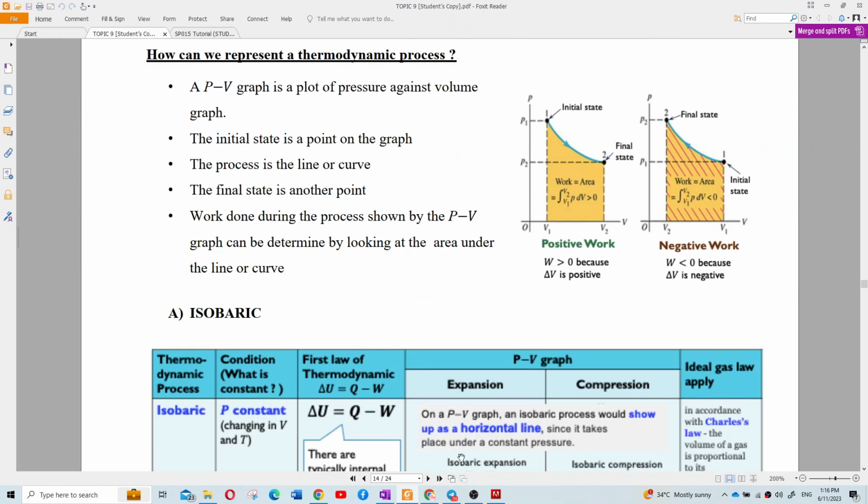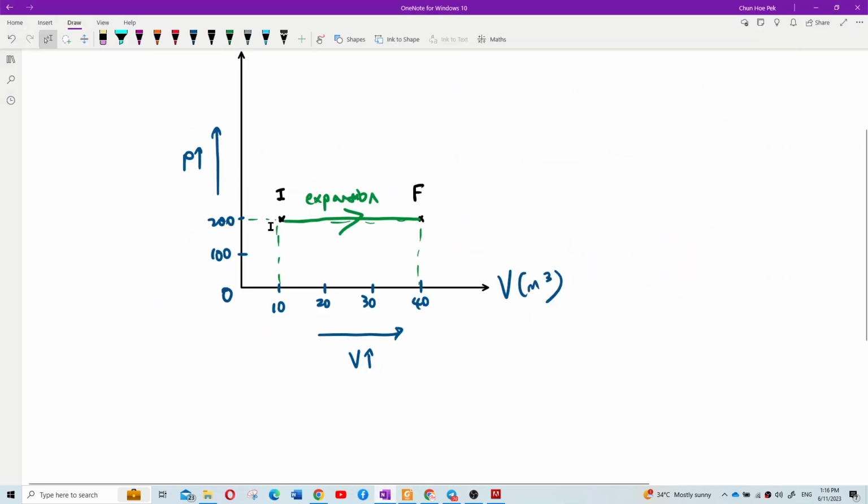So for this process of expansion, from initial point to final point, is it positive work done or negative work done? Positive work done. That's right, because expansion.